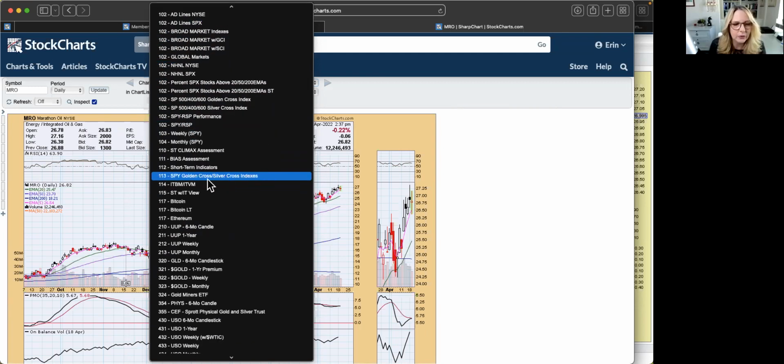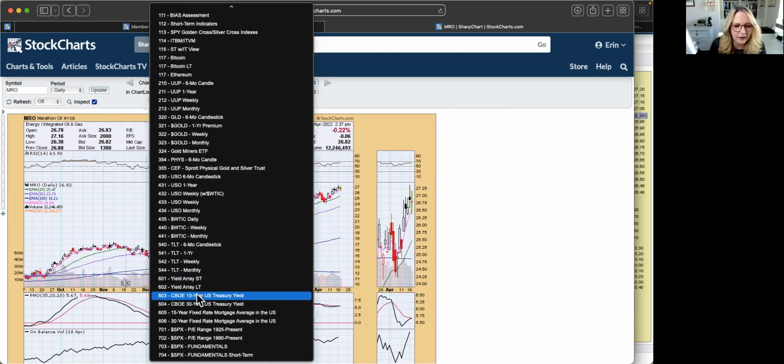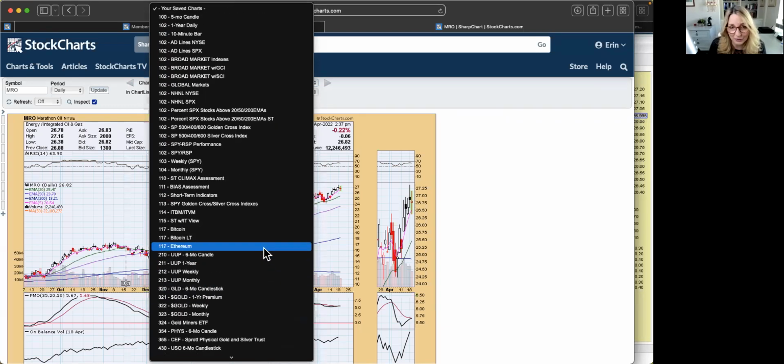Also I look at Bitcoin, I look at the dollar, I look at gold, I talk about gold miners, I look at oil, and I look at bonds, and I cover the 10-year treasury. That's every day in the DP alert. So you get all the information you need for that first part of the life cycle of a DP trade. It gives you all you need to know about current market conditions.